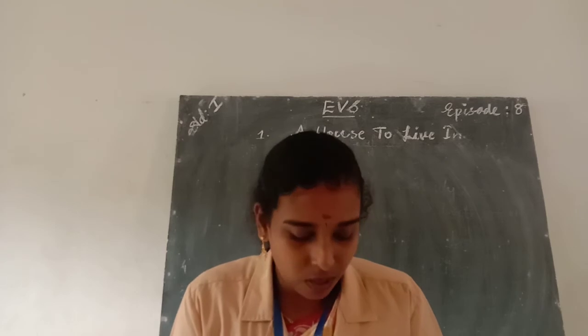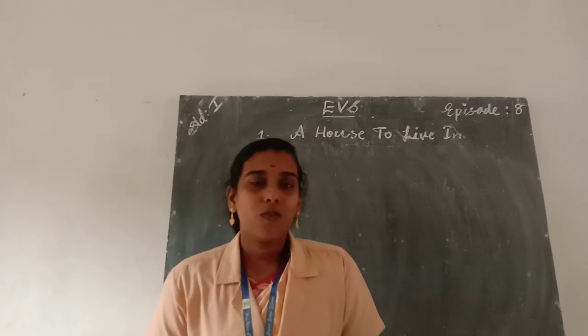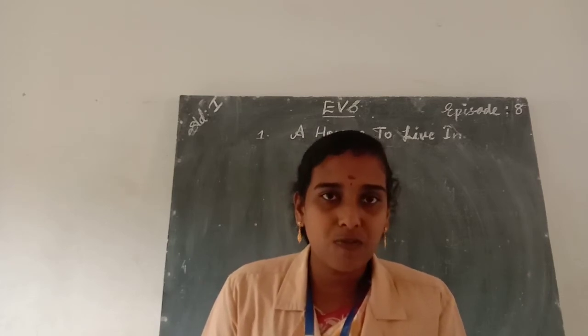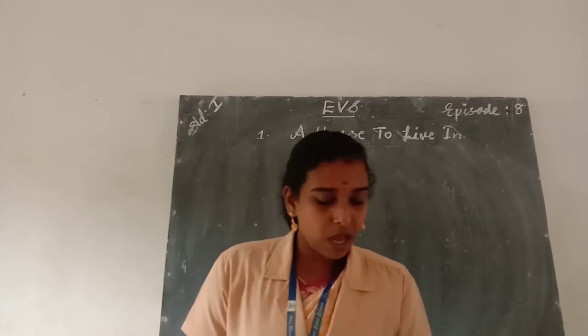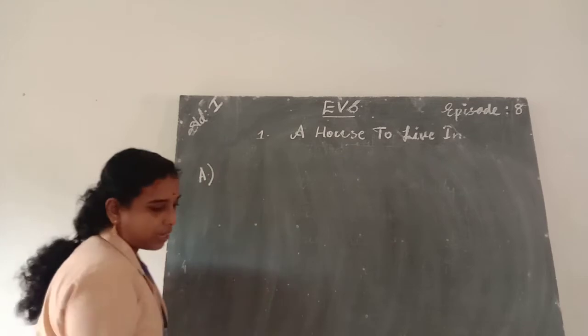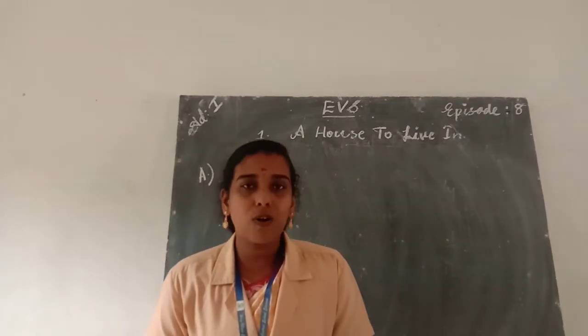Take your textbook. Turn to page number 144. First part A. Here some pictures are given, and the question is to observe the pictures and complete the names of the following houses.